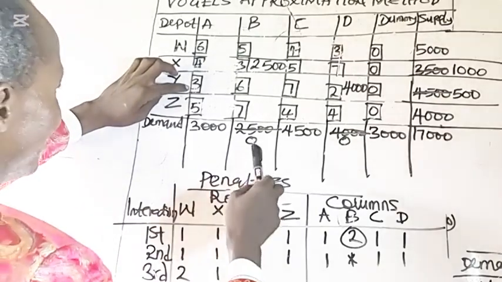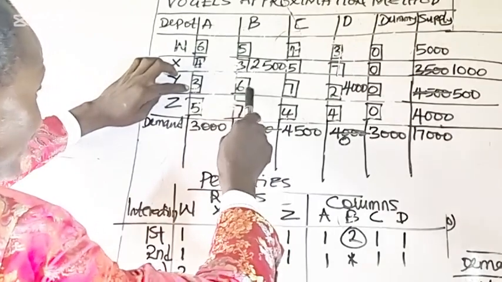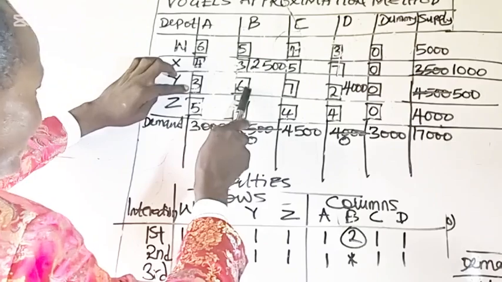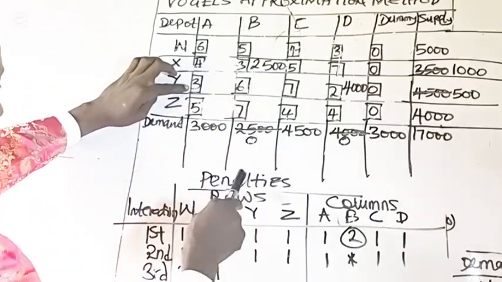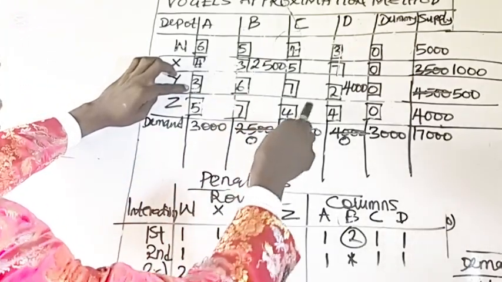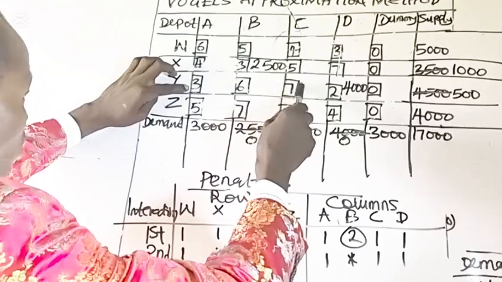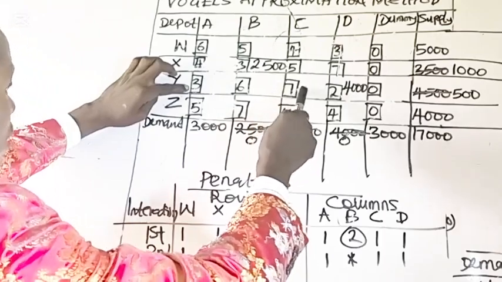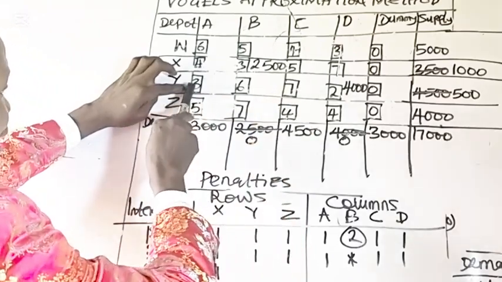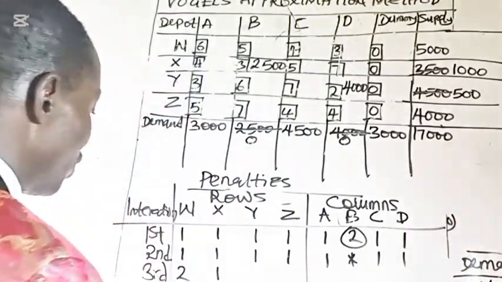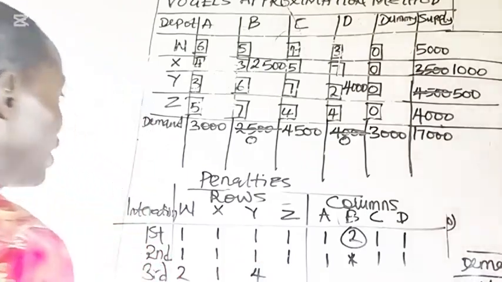You can't count this 6 since allocation has been made here. You have exhausted what you have in this column. Then you can't count this one because allocation has been made there. So you have 7. 7 minus 3, that will be 4. So we have 4 as our penalty.